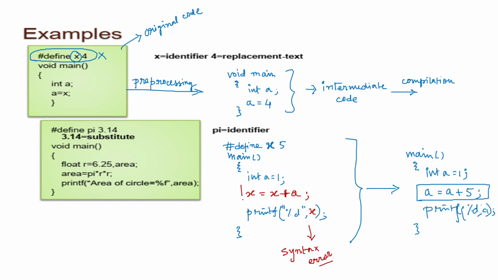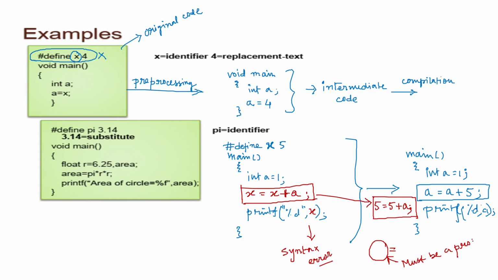Because it will get replaced by the code 5 = 5 + a. This line is not syntactically correct, because according to C language, the left side of the equal sign must be a proper destination, or you can say a variable.